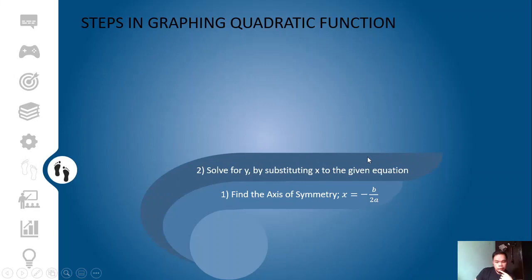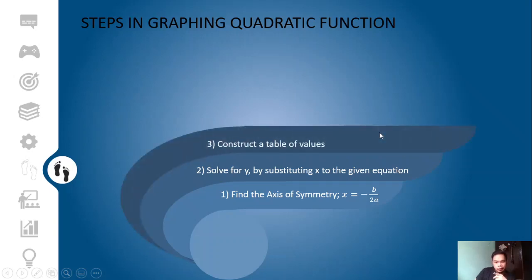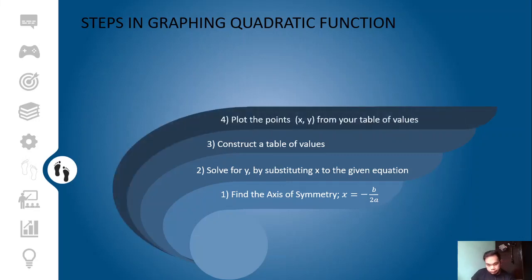Second, solve for y by substituting x to the given equation or function. Third step, construct a table of values. Fourth step, plot the points x, y, or h, k from your table of values.